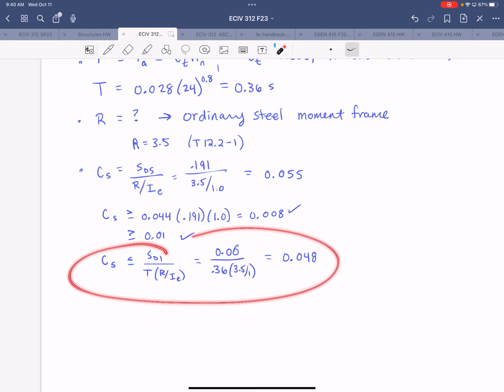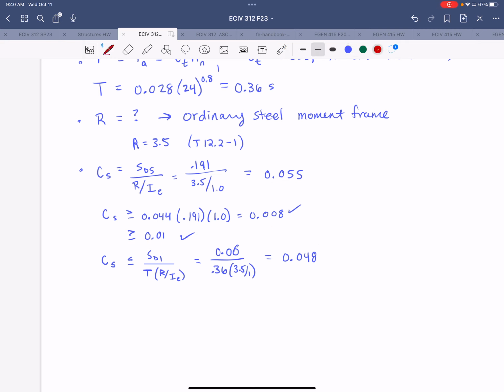Since the upper limit is less than the value we calculated up here, that's great. That helps us out. We're going to go ahead and use a smaller CS value that lessens the percentage of the weight of the building that we have to apply laterally. It lessens our lateral load. So we're going to use this. And as I mentioned in the recorded lecture, this upper limit is technically optional, right? The wording in the standard is that CS need not be taken greater than this value. So if you wanted to, you could be conservative and stick with the value you calculated, but this helps us out.